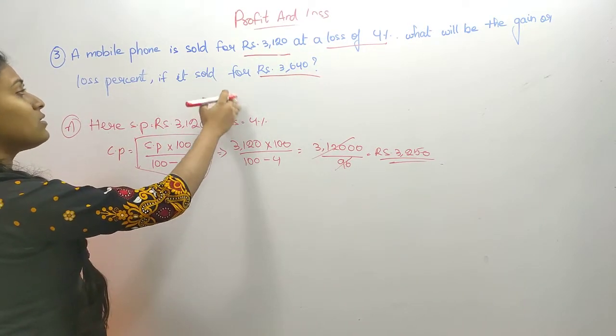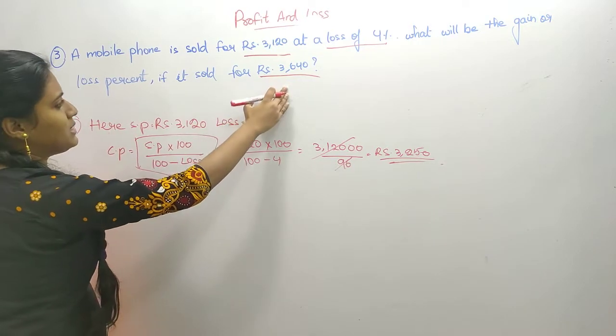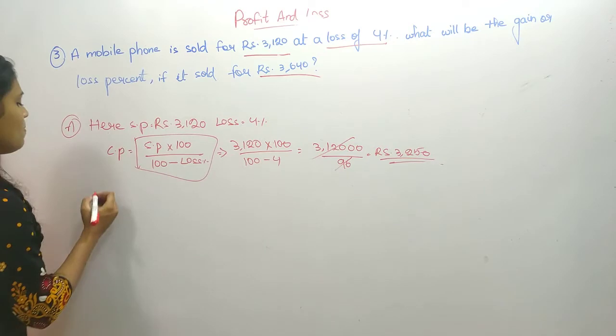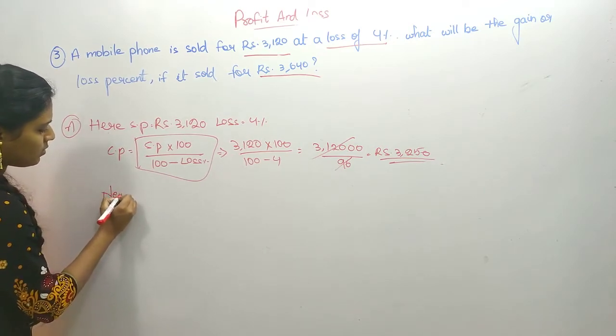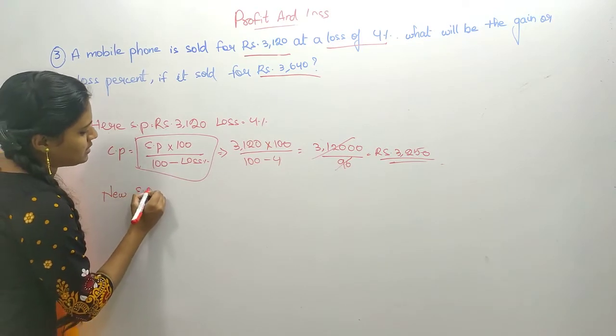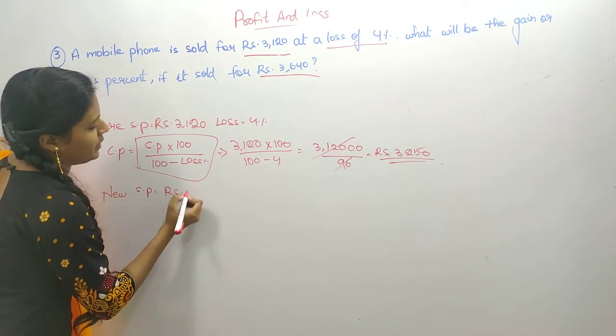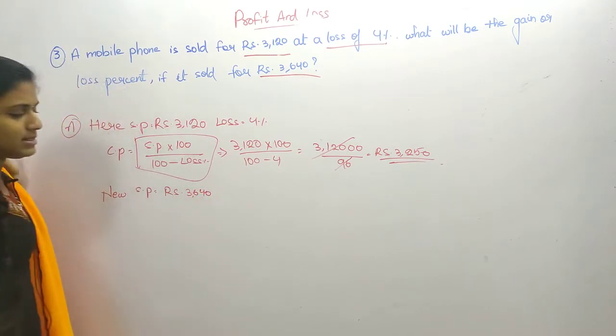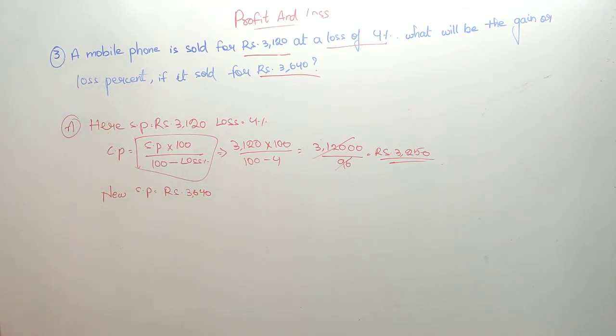Otherwise, he will sell the mobile phone at this much rupees. That one also we will find out. New selling price is equal to how much? Rupees 3,640. Okay. Now what we will do?